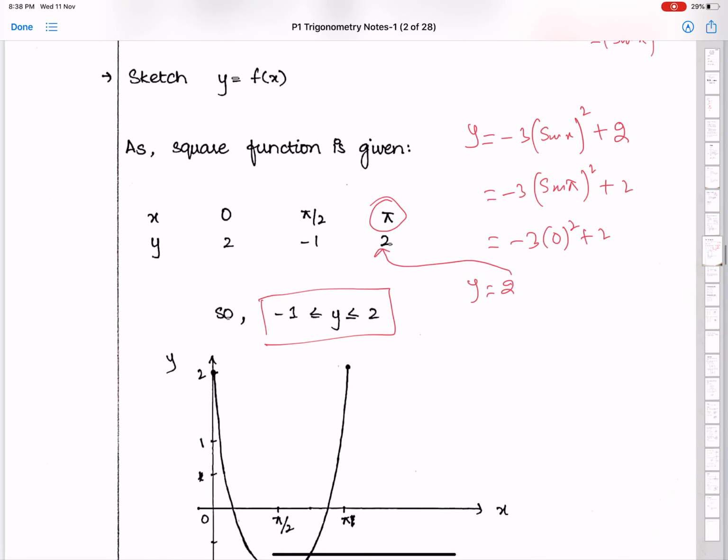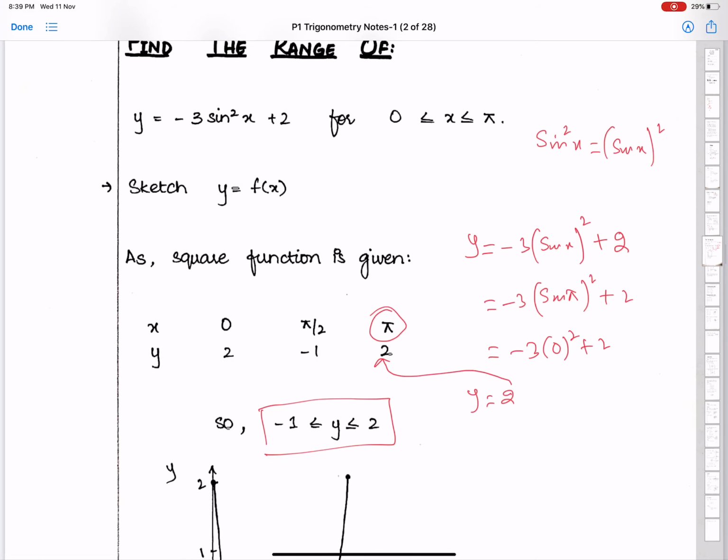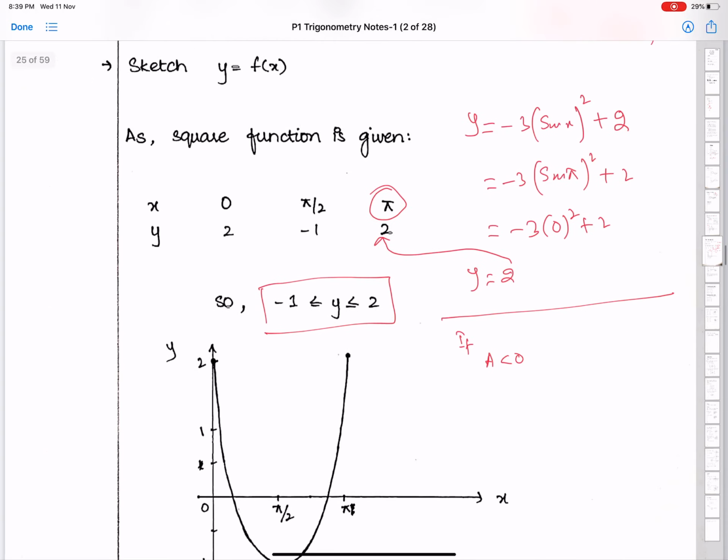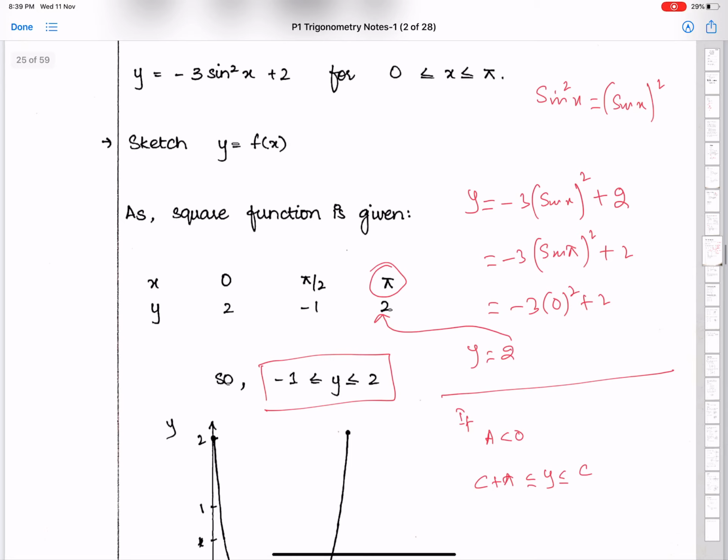Well, you can also get the range by writing this. If a is less than 0, this is the alternate way of writing the range of this power 2 function. If a is less than 0, then this will be the range, C and C plus A. C is 2 and A is minus 3.